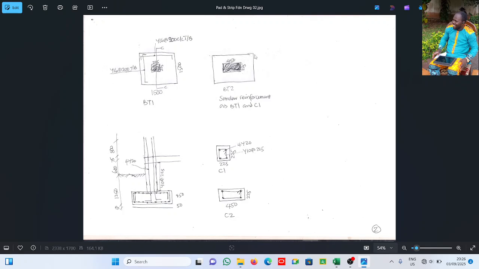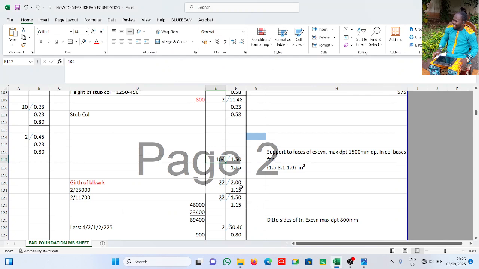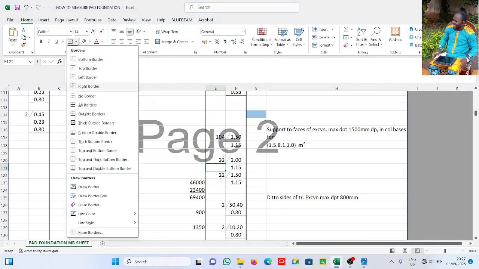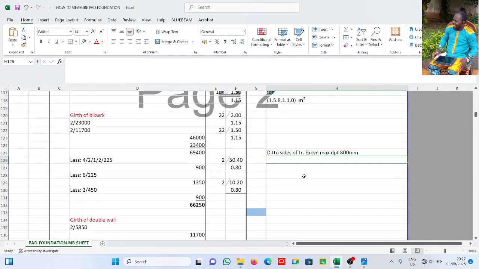This is 2000. This is 1.5. That is why you see it is represented differently. 2000, and then 1.5 by 2 by 2, because each has 2 faces and we have 2 numbers. And the same thing we do for the trench also.